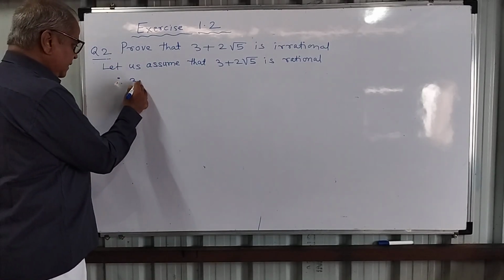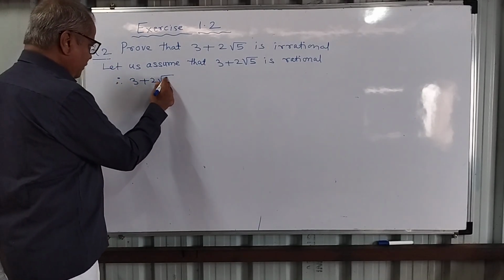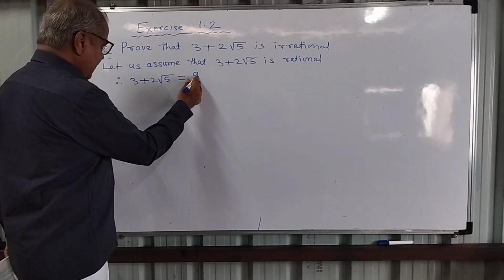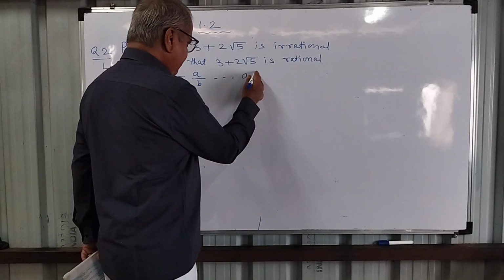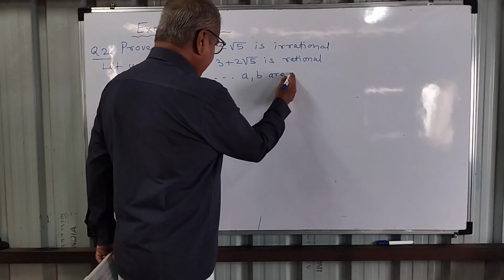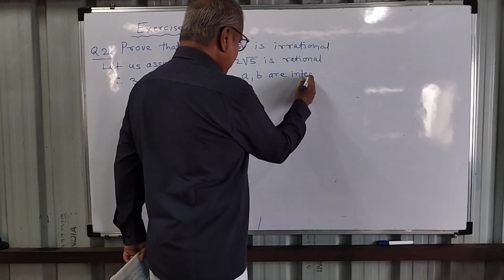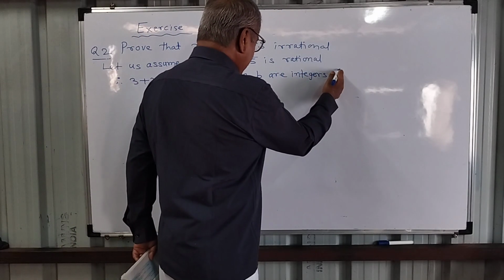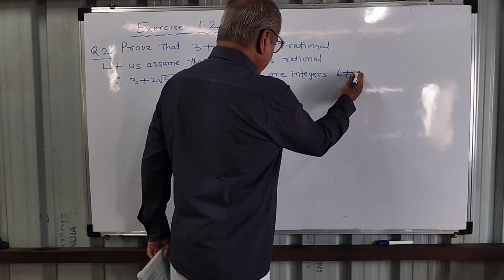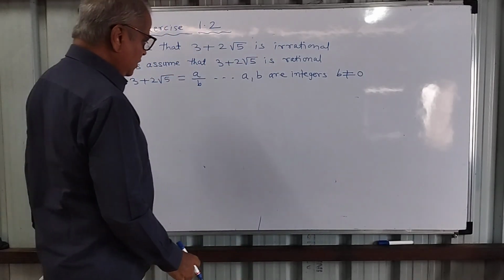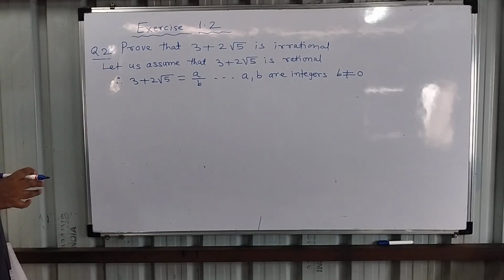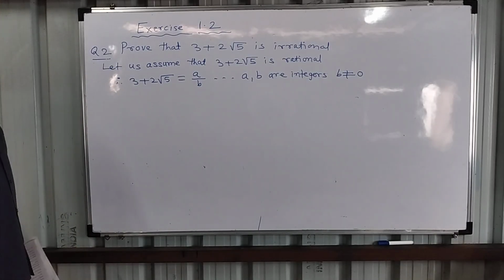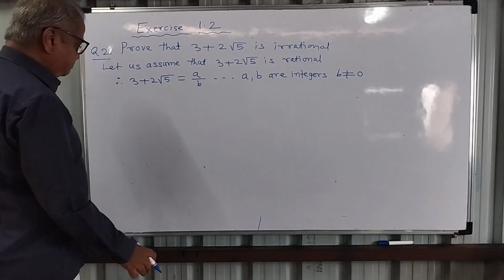Therefore 3 + 2√5 is equal to a upon b, where a, b are any integers and b not equal to 0. Here there is no requirement for co-prime. Only a and b are integers and denominator b should not be 0.